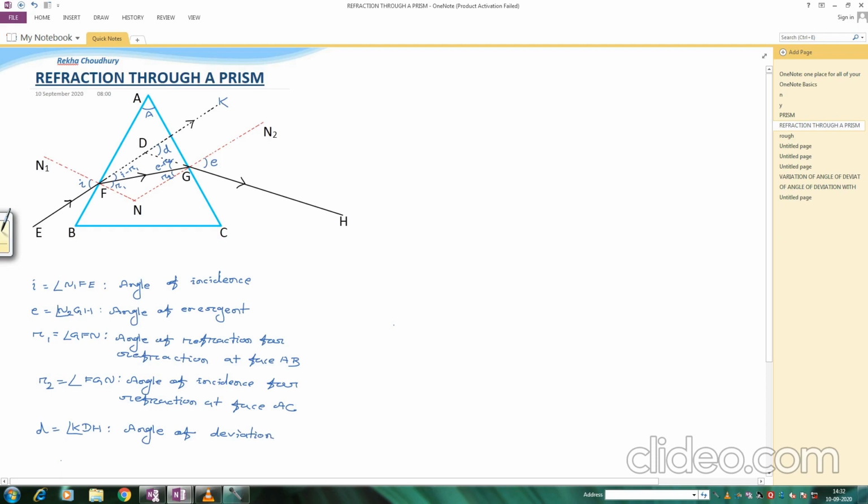See, here in this quadrilateral AFNG, we know that the sum of all the 4 angles is equal to 360 degrees. Angle A, which is the angle BAC, is the angle of prism.